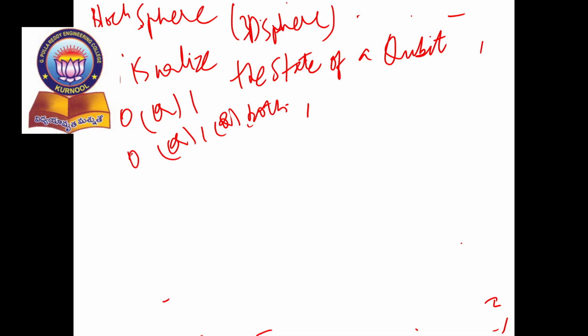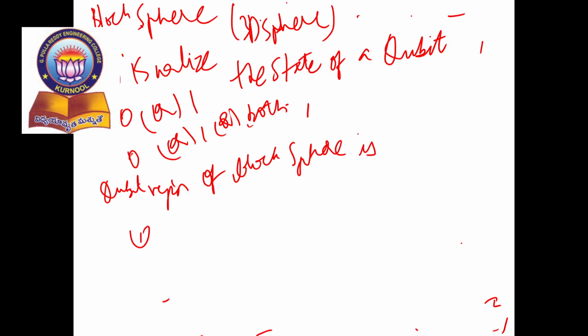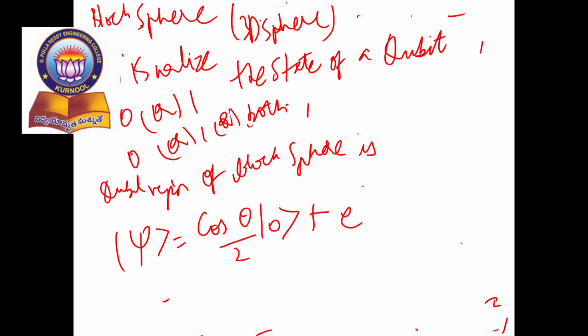Okay. And the mathematical representation, the qubit representation on Bloch sphere is wave function is equal to cos theta by 2, 0 state plus e power i phi sin theta by 2, 1 state.